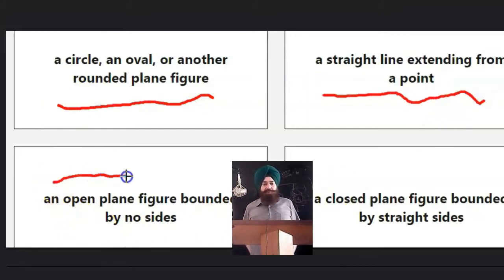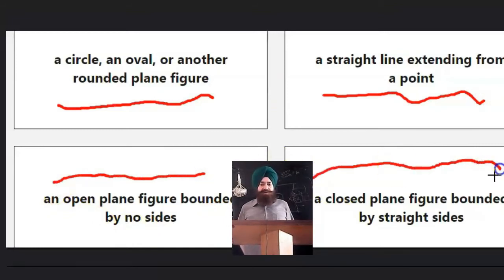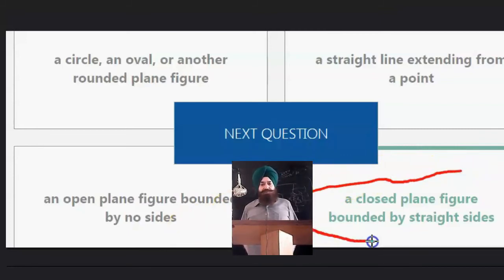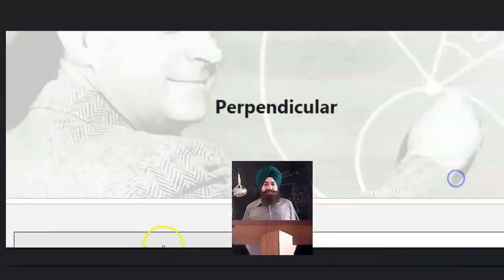Third, an open plane figure bounded by no sides, or a closed plane figure bounded by straight sides. So what do you think? This one is the correct answer. Many sides is called a polygon. A closed figure bounded by straight sides, and maybe any number.